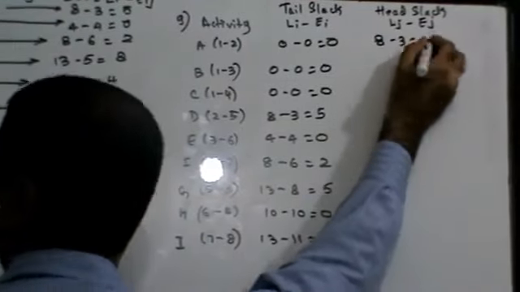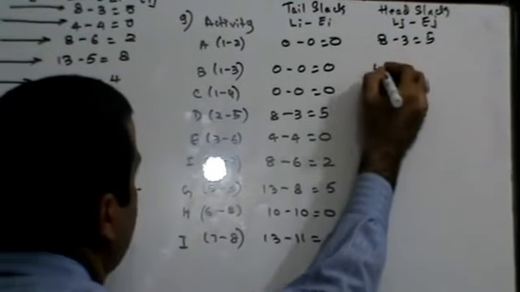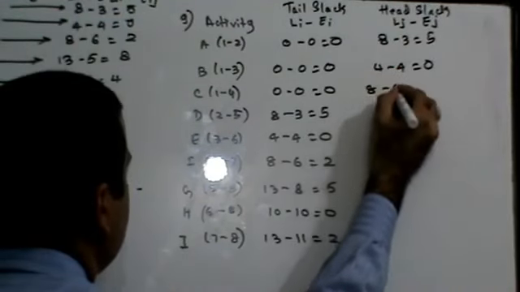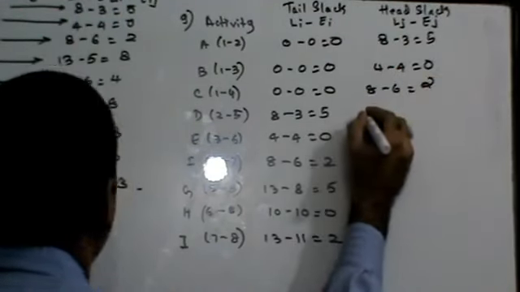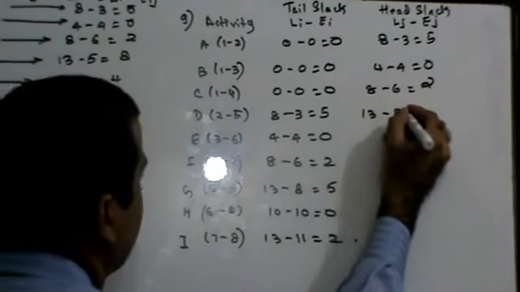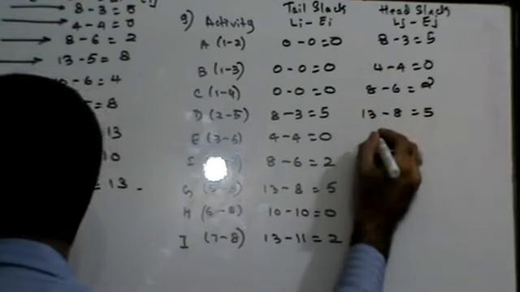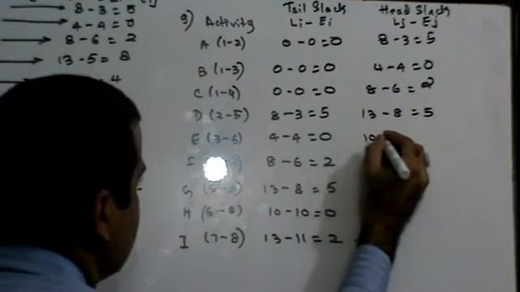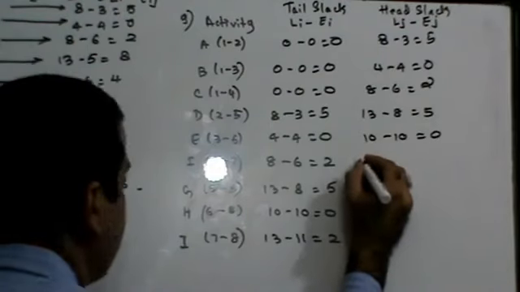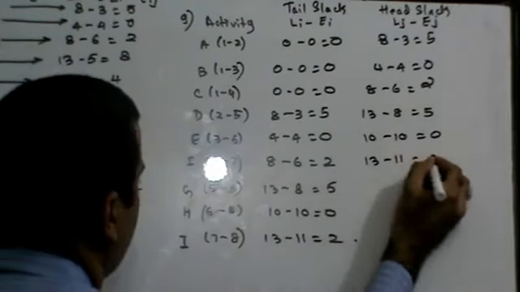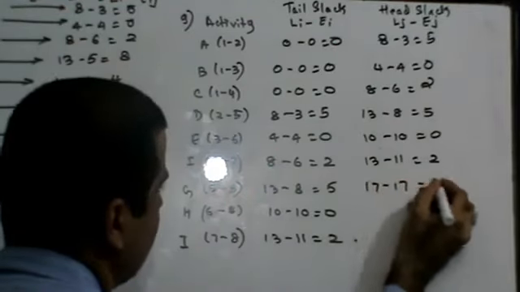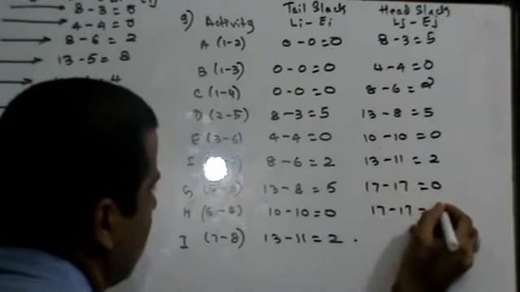For activity B, it is going to be 4 minus 4. For activity C, it is going to be 8 minus 6. For activity D, it is going to be 13 minus 8. For activity E, it is going to be 10 minus 10. For activity F, it is going to be 13 minus 11. For activity G, H and I, all three will be 17 minus 17.